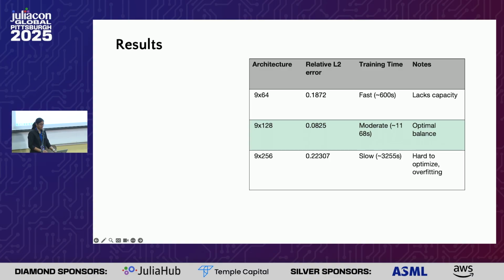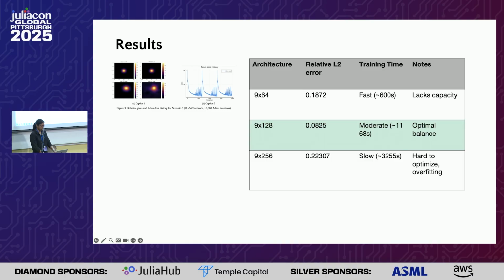So we identified that the 9-layer 128 neuron architecture provided the best balance of accuracy and computational cost. Our best run was with this architecture using a learning rate of 0.06, and it achieved a final relative error of just 8.25%, which is a good result for this kind of problem.